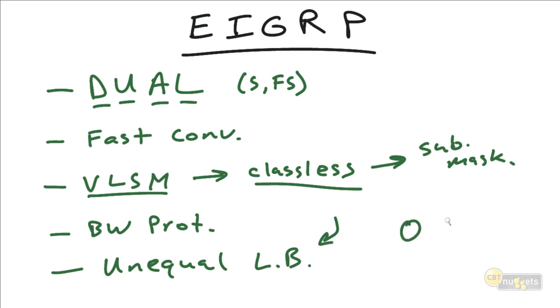So you could have two paths to get to a destination. And this could be a T1 and this could be a T3. And you could say, you know what, EIGRP, go ahead and just consider them equal. And I want you to load balance across both of those links.